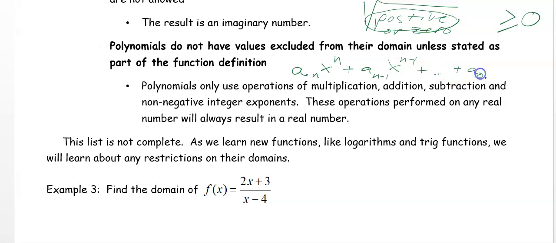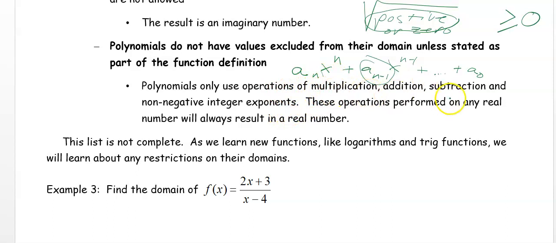We call that a0. That's a polynomial. These numbers can be fractions, but there's no x's in the bottom. There's no fractional exponents. There's integer exponents, and there's no variables appearing in denominators.